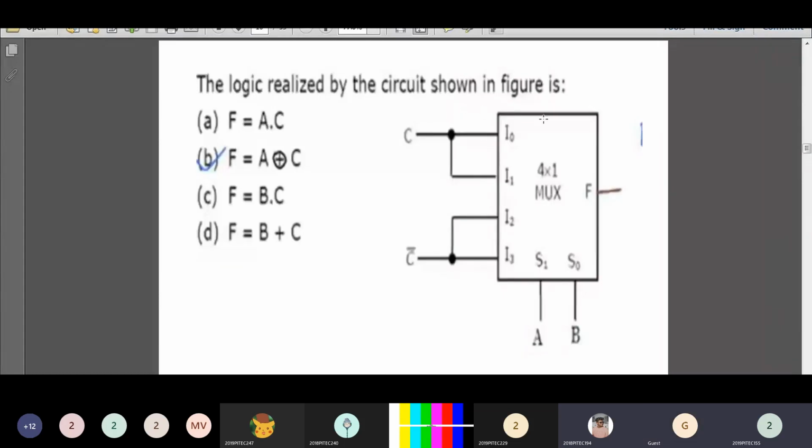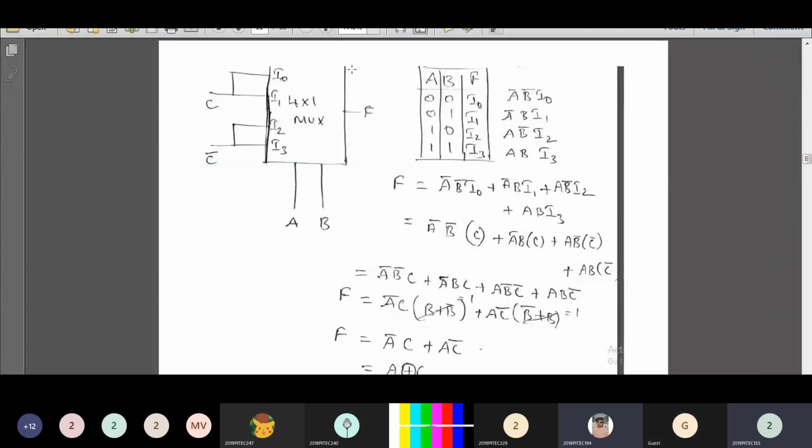Now let's see how to solve the problem. First, you have to write the function table for this multiplexer. A and B are the selection inputs. F is the output. As we know, based on the selection input, the input is connected to the output line. First, you'll be having two selection inputs, so you'll be having the possible combinations 0 0, 0 1, 1 0 and 1 1.